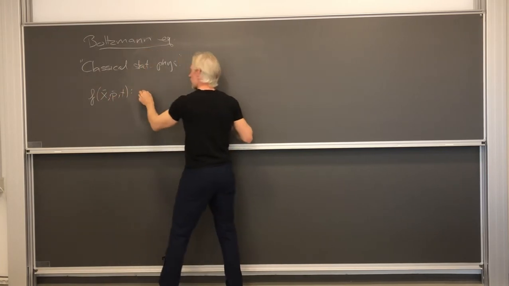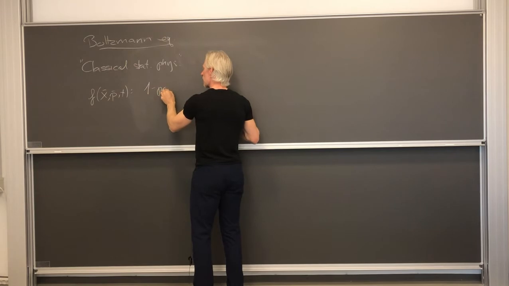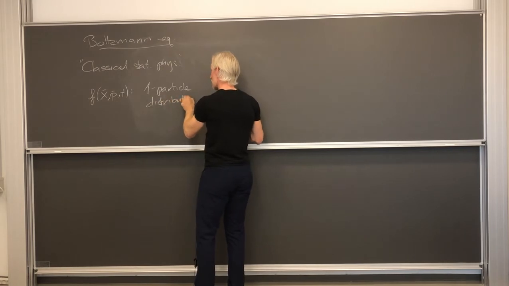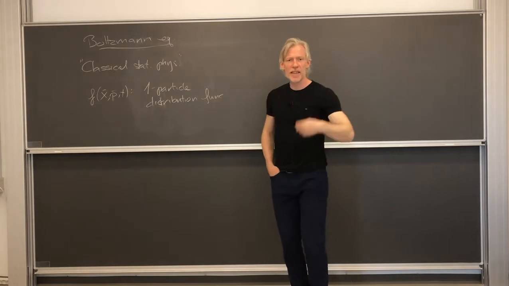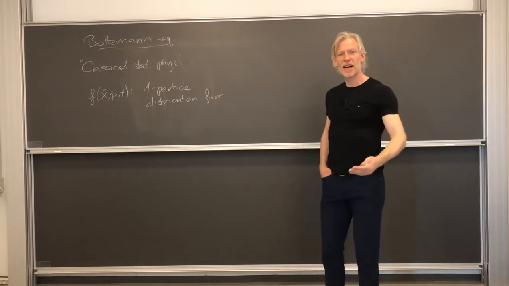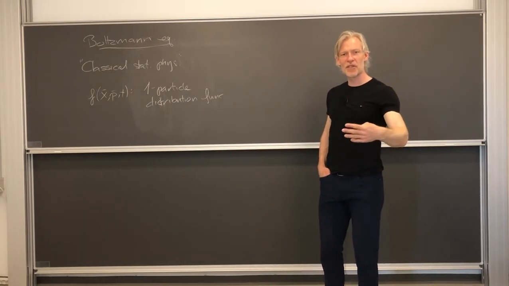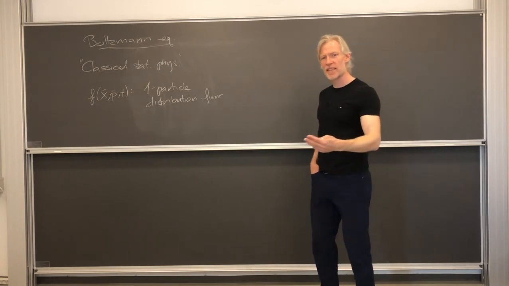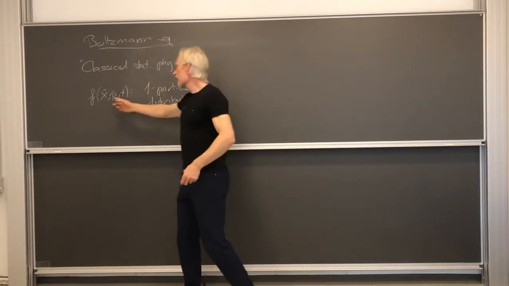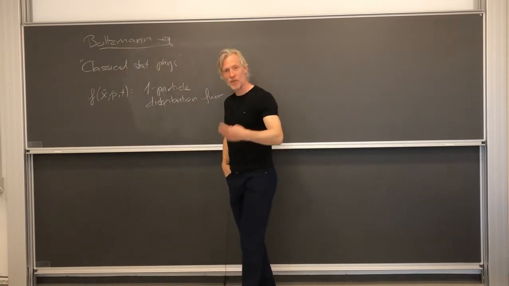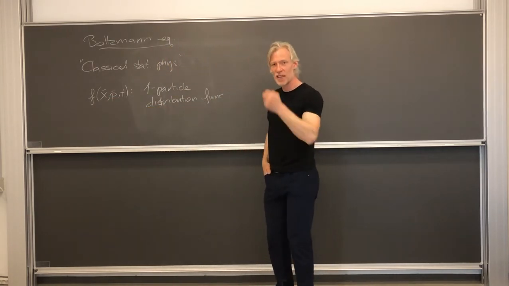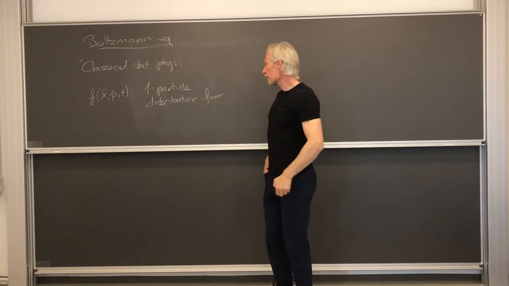That's the one-particle distribution function. That particular function tells us how many particles are there at a certain location in six-dimensional phase space, meaning the space spanned by normal coordinates and momentum, so the canonical coordinates of analytic mechanics.